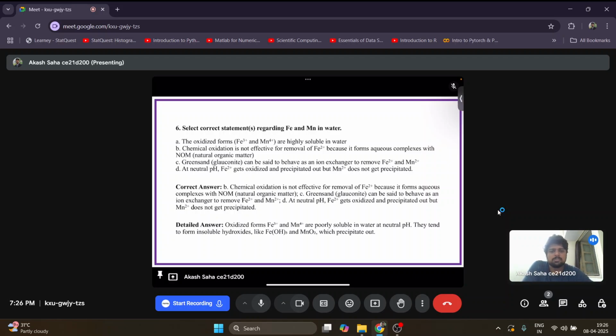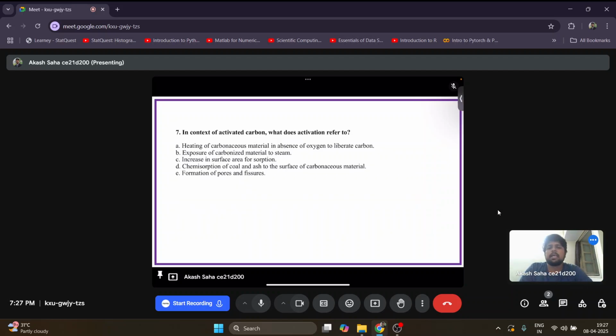The oxidized forms are poorly soluble in water at neutral pH. They tend to form insoluble hydroxides like ferric hydroxide or manganese hydroxide, manganese dioxide, which will precipitate out. So this is regarding the removal of ferrous and manganese.